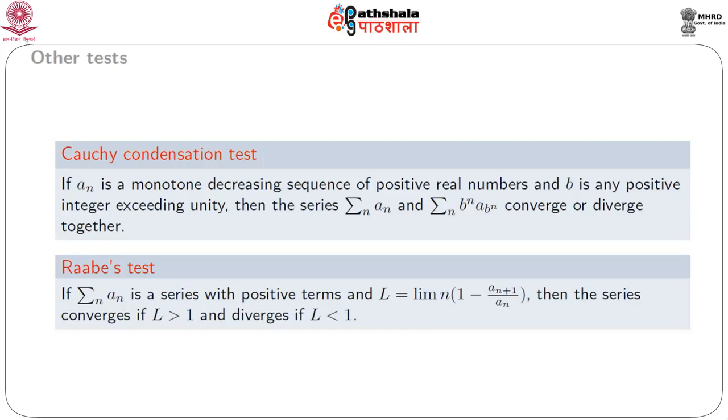Next, our next test is Raabe's test, where we assume that summation a_n is a series with positive terms, and L is defined as limit of n multiplied by 1 minus a_(n+1) by a_n, then the series converges if L exceeds 1 and diverges if L is less than 1.